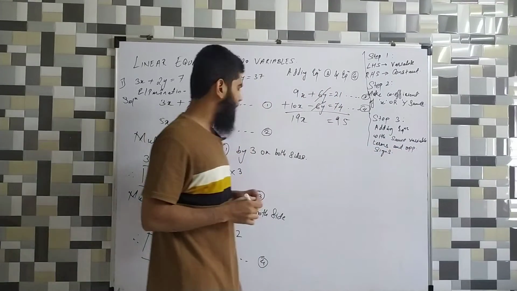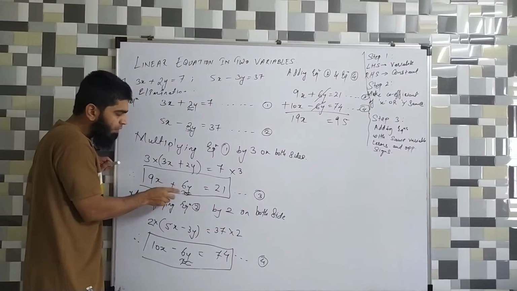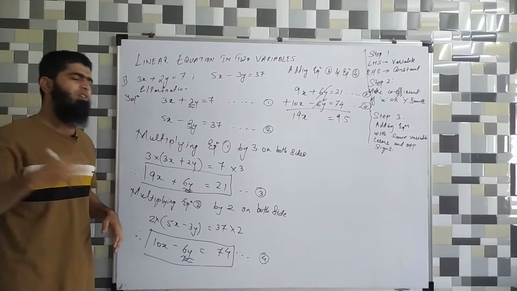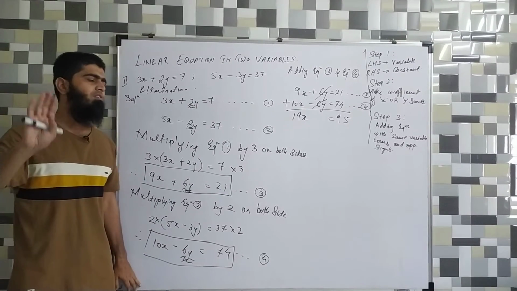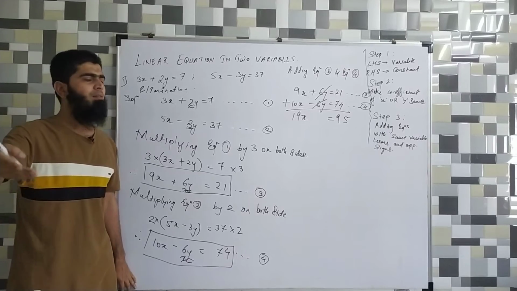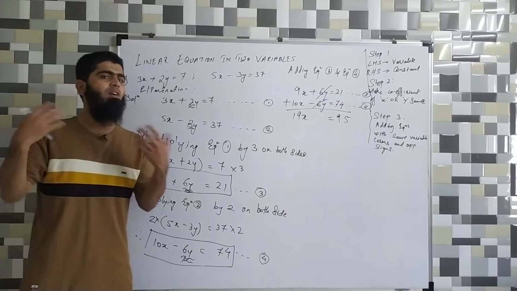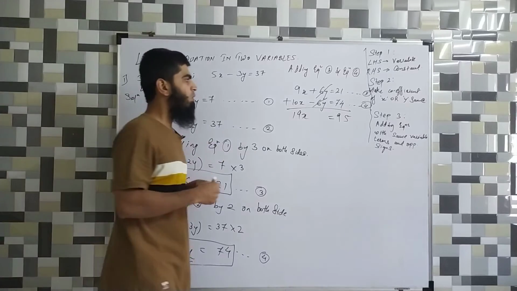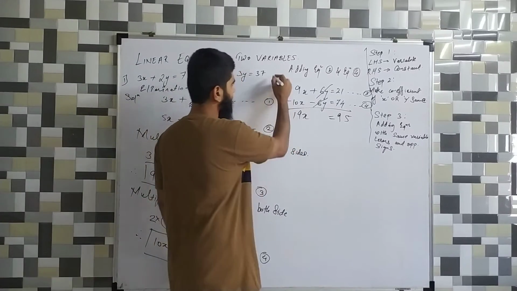That means those variable terms which are the same but have opposite signs must be added. Now when to subtract, we will not deal with the subtraction right now. We will take another example and then I will explain when you are supposed to subtract. Is this clear, dear students? Okay, now we will solve this further.